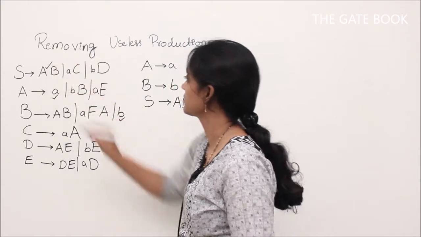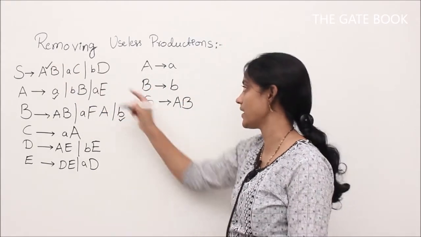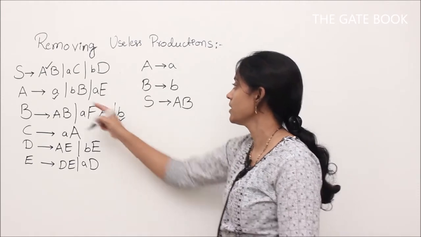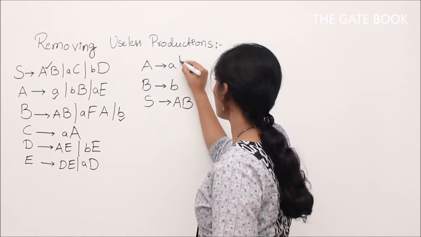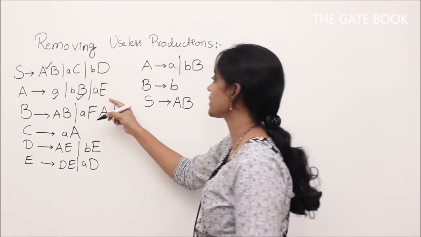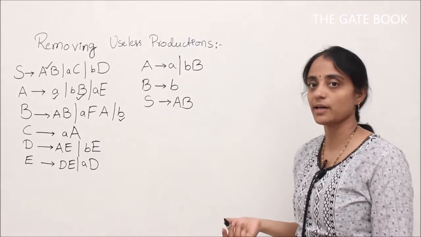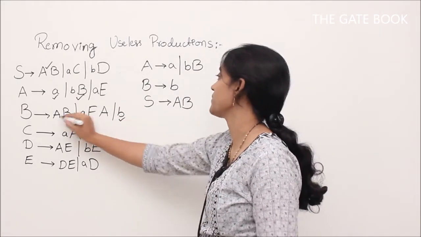So this is done. AC we don't know because we don't know C. We don't know about D also. What about A derives BB? Yes, B can derive a terminal. So A derives BB is also valid. This is also done. What about AE? We don't know anything about E yet, so we should not add this. So B derives BB, AB.